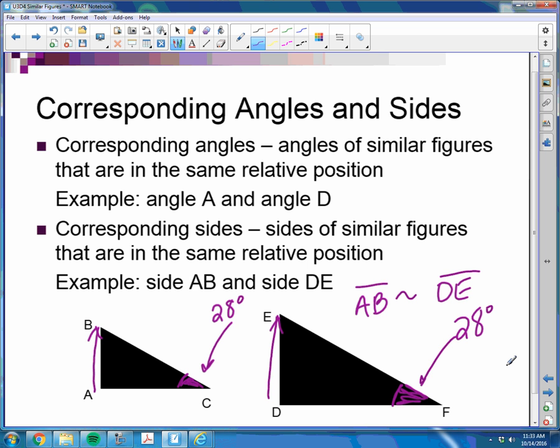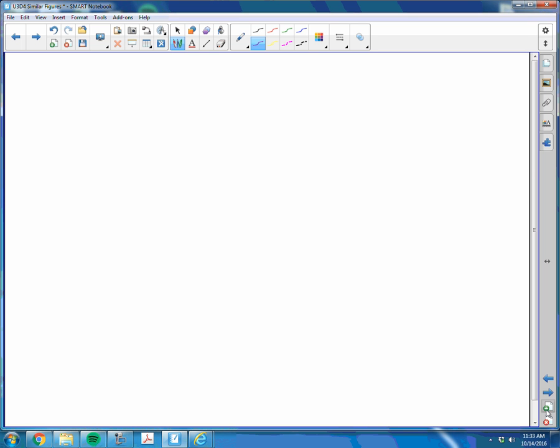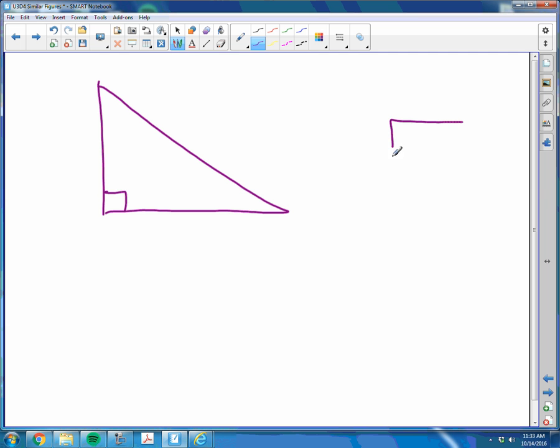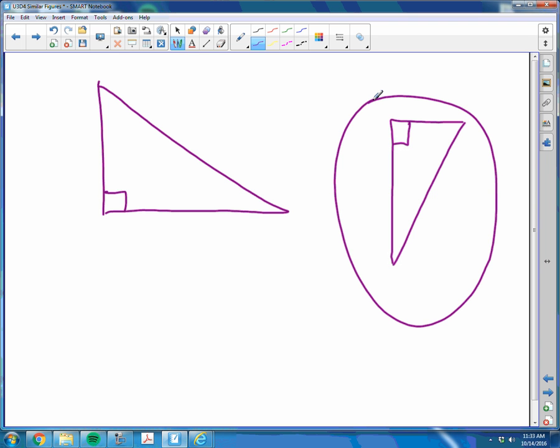I'm just going to insert a quick slide. If I tell you that these two triangles are similar, and I give one triangle to you that looks like this, right angle, and I give you the other one that looks like this, and you start to, in your head, begin to find the sides and the angles that are corresponding, it would be a good idea for you to take the one and turn it so that they are oriented the same.